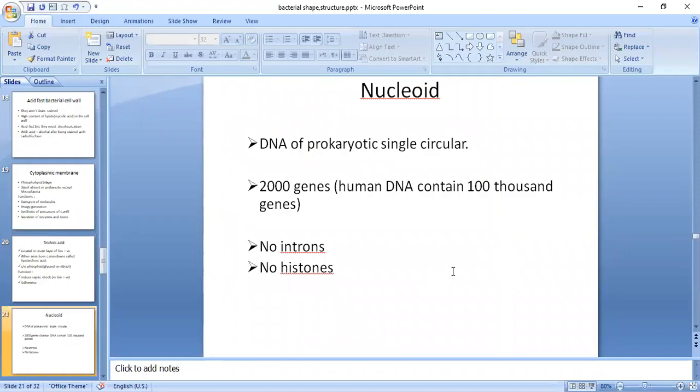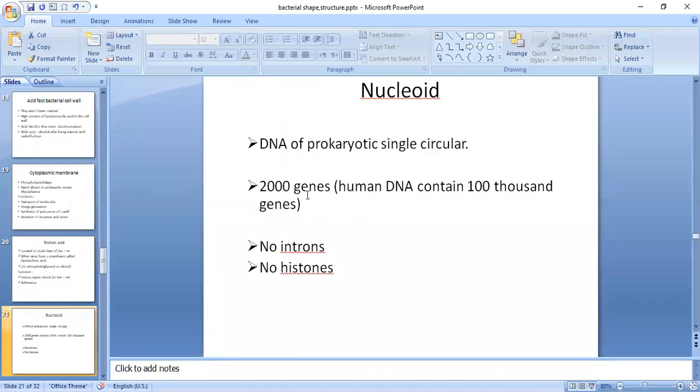Now, the innermost and essential part of the bacteria is the genome of the bacteria, the chromosome of the bacteria, and that is the DNA. The DNA of the bacteria of the prokaryotic cell is single and circular. Look at this.